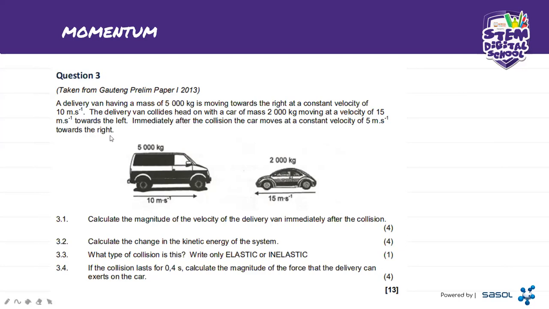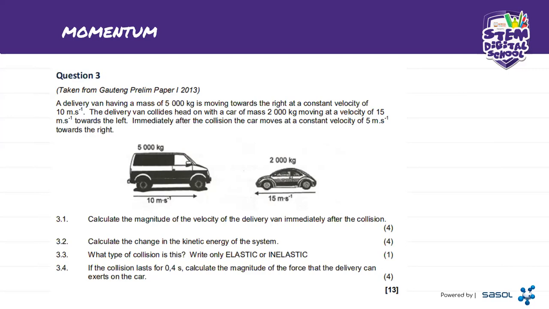So it says here we have our delivery van, 5,000 kilograms, moving towards your right at 10 meters per second. And now you have your car, the small car at 2,000 kilograms. Guys, you must always remember, we focus on different problems with different weights, but the larger object always takes the direction of the velocity.